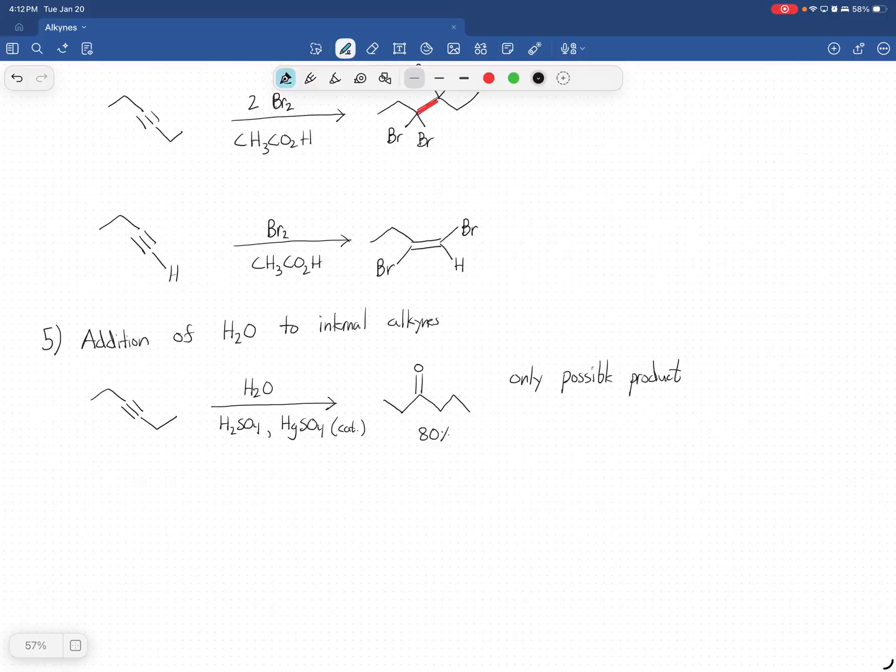You can also react with unsymmetrical alkynes, but this poses a problem because it complicates the reaction product mixture.